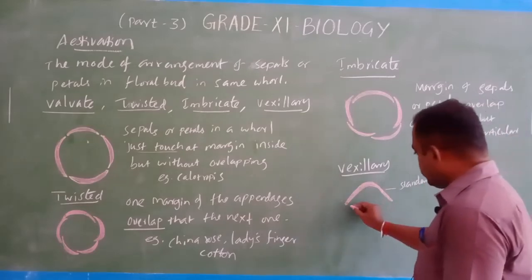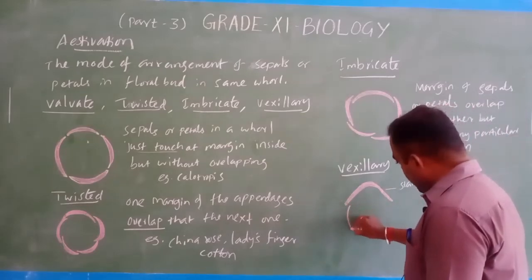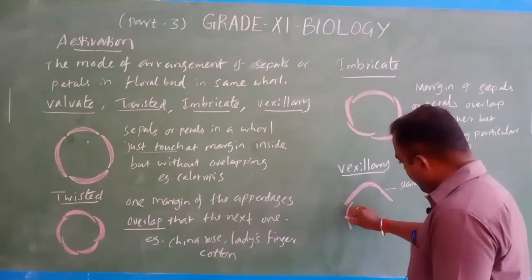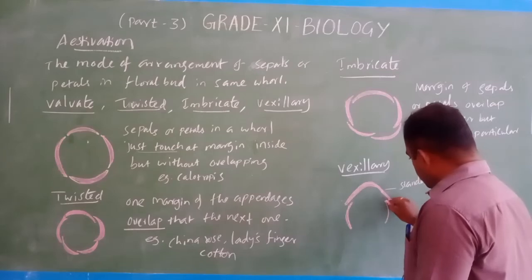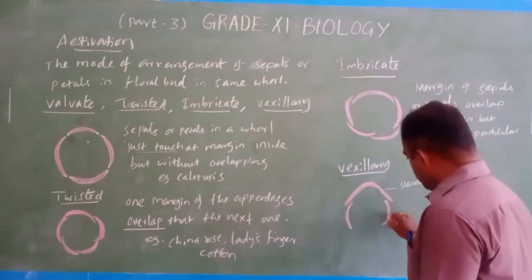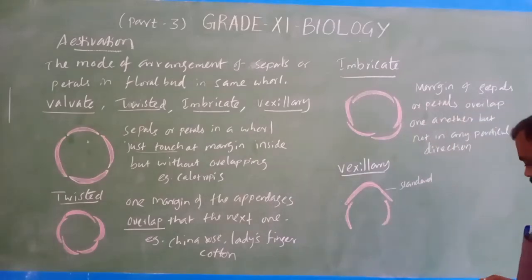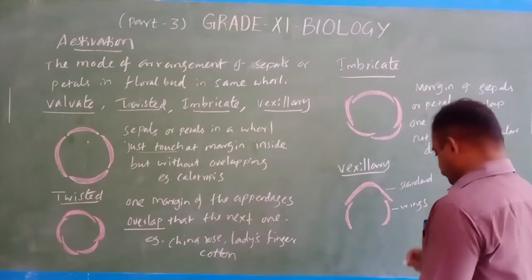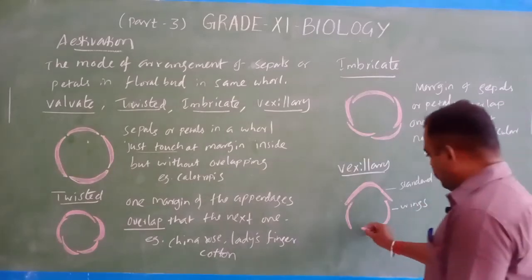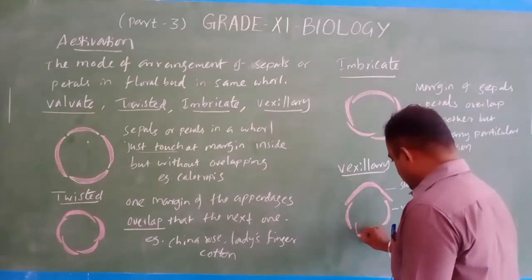The next one, another two appendages are present. They are called wings. Then another two appendages are present in the anterior.